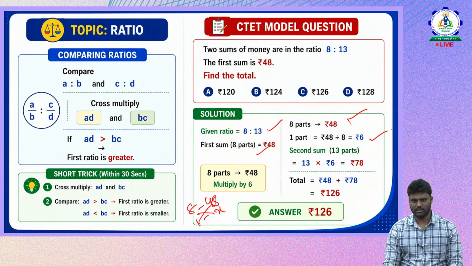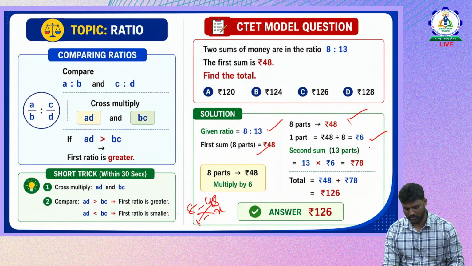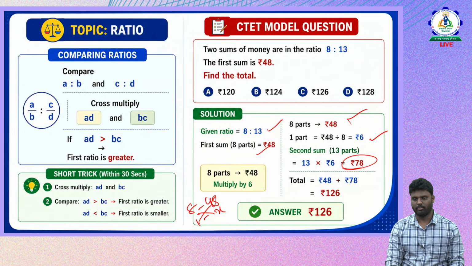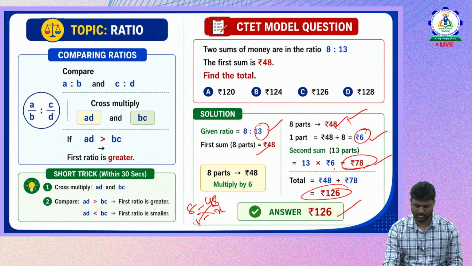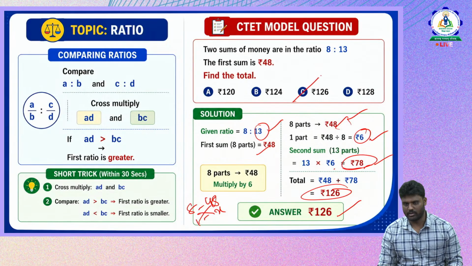The second sum is 13 parts, and per part is 6, so 13 into 6 will become 78. So what is the total we need to identify? Total is 48 plus 78. If you add, the answer will become 126. Option C is 126 rupees.